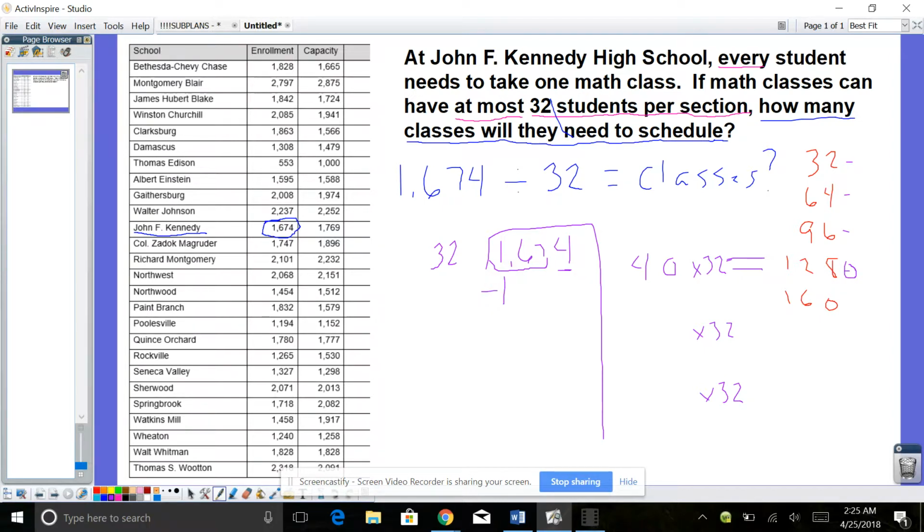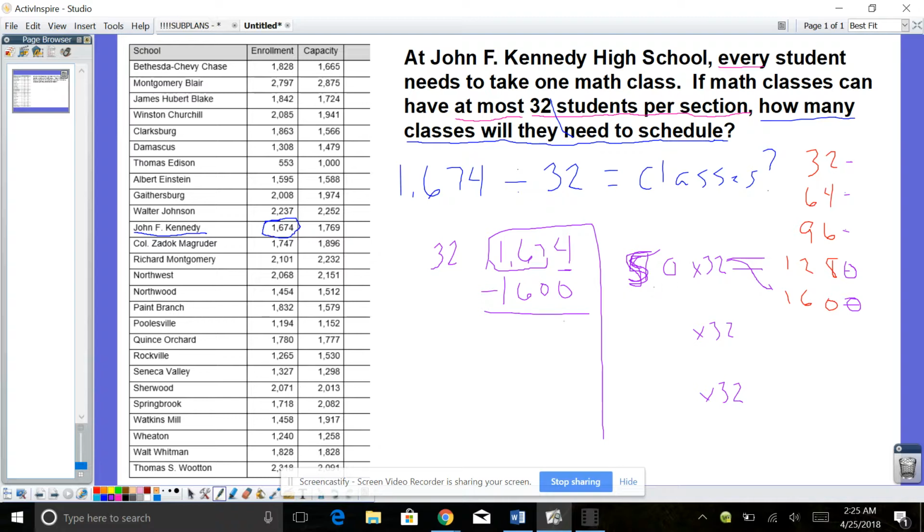So, oh wait, Miss Hughes, 1, 2, 3, 4, 5 gets me to 160. That's more reasonable. Mistakes get made. That's okay. So I should go there and make it 160 tens, because it's 5 tens. My answer should be in the tens.